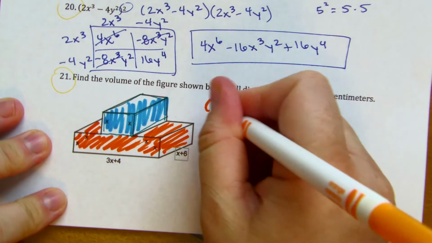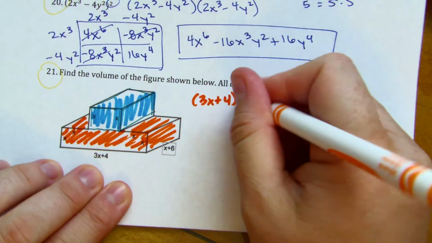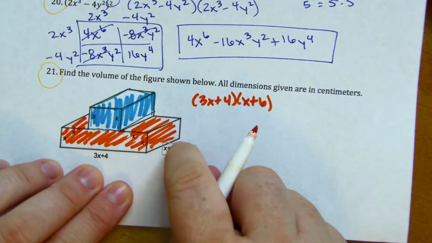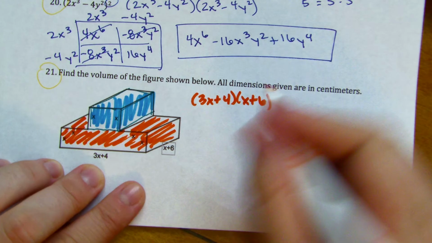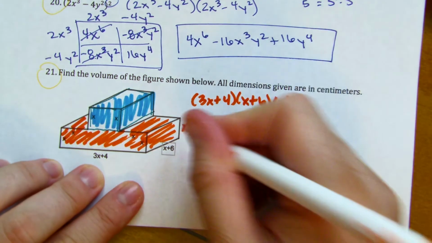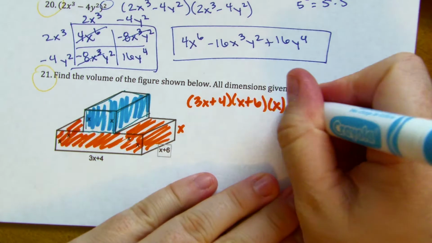So we've got 3x plus 4 times x plus 6 times their height, which you can see here, the label here says x. So the height is x. So that's the volume of the orange shape, and we're adding that with the volume of the blue shape.